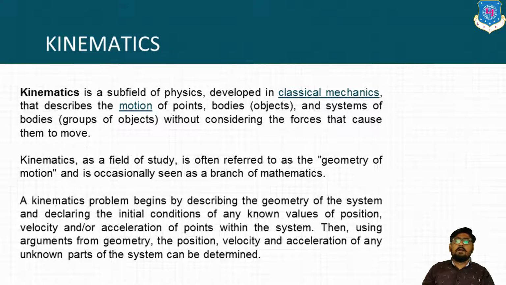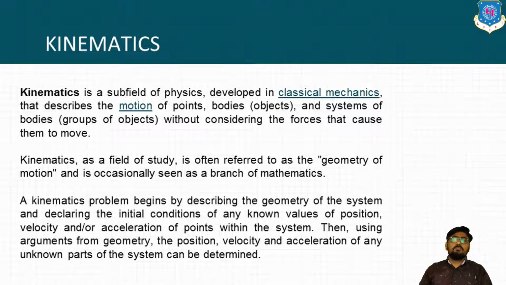A kinematic problem begins by describing the geometry of the system and declaring the initial conditions of known values of the position, velocity and/or acceleration of a point within the system. Then, using arguments from the geometry, the position, velocity and acceleration of an unknown part of the system can be determined. If we know some reference points and their values, then we can find the values for the unknown points from the geometry of the motion.